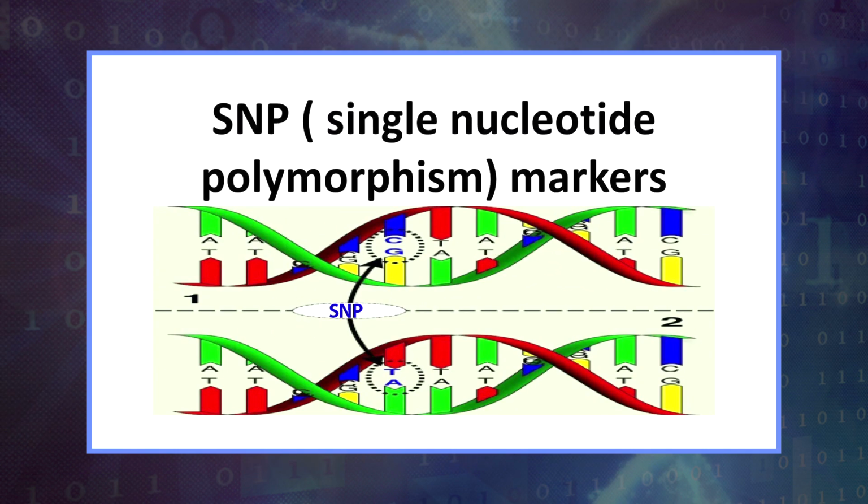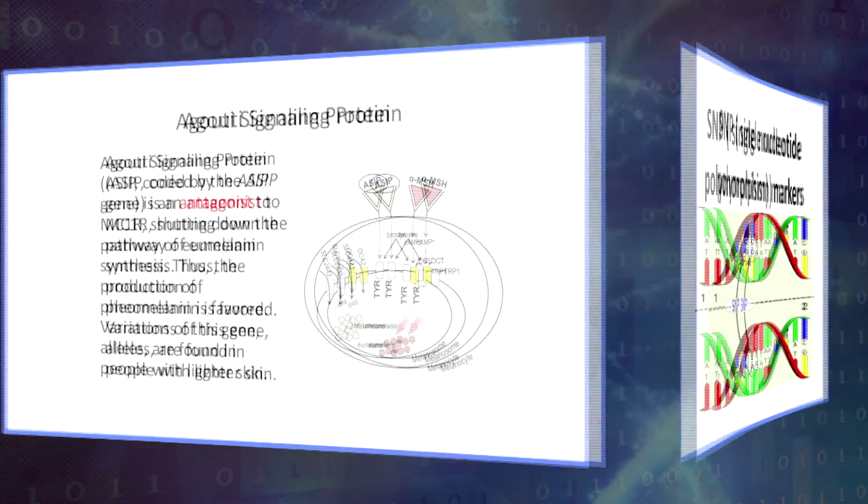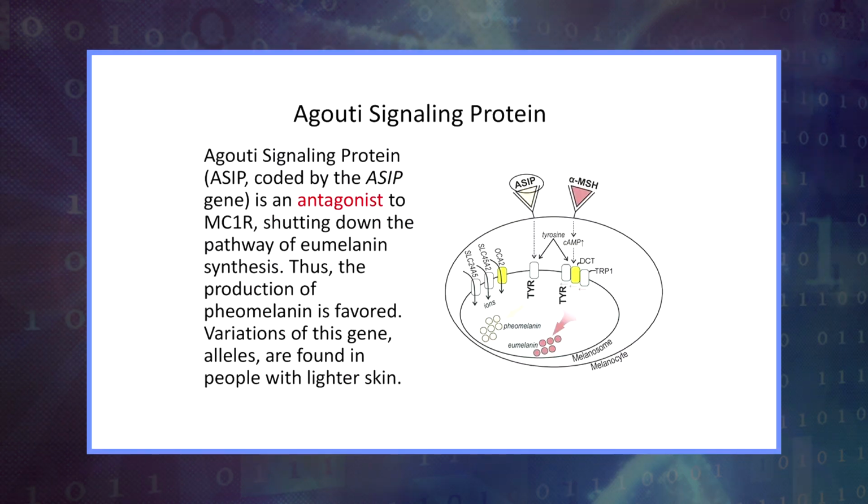SNP markers in the DNA region coding for the agouti signal protein may be associated with brown eyes and black hair. The associations are weak with odds ratios of 1 to 10, and the investigations have only limited weight.